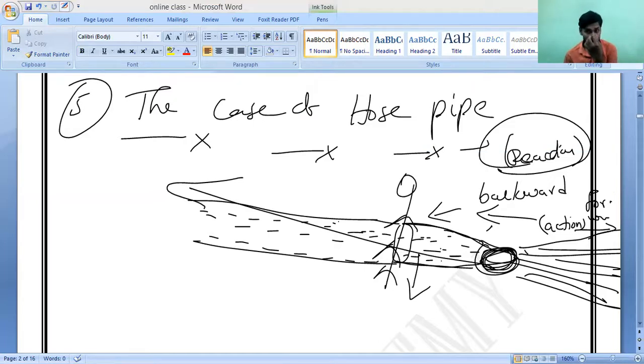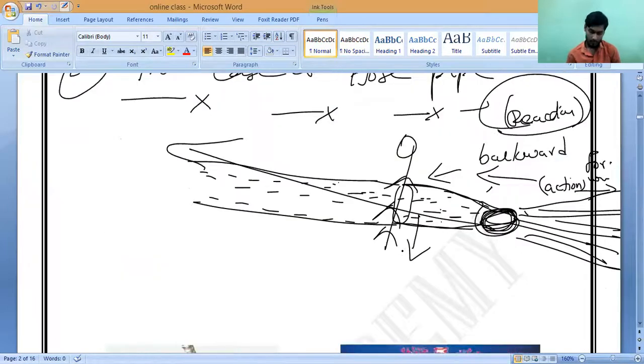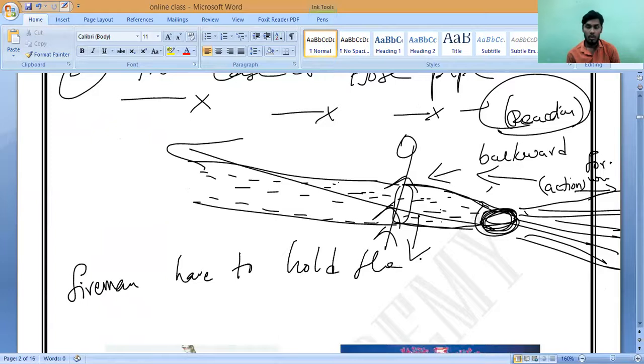Firemen have to hold the hose pipe strongly. Fireman has to hold the hose pipe tightly.